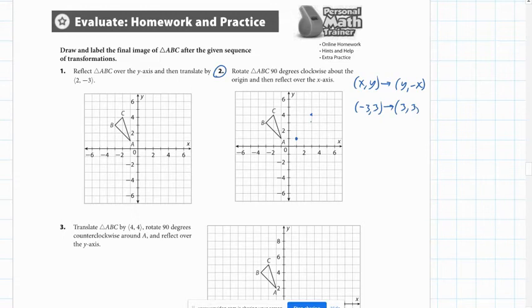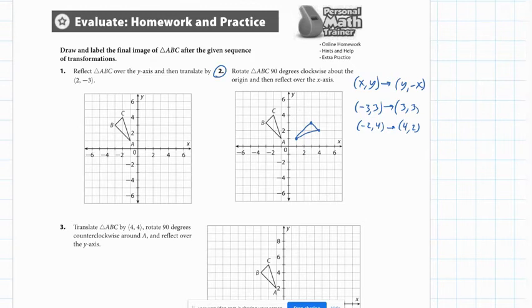So 3, 3 is actually there, okay? And then point C is at negative 2, 4, and it would end up at 4, 2. So that's our rotation, 90 degrees.